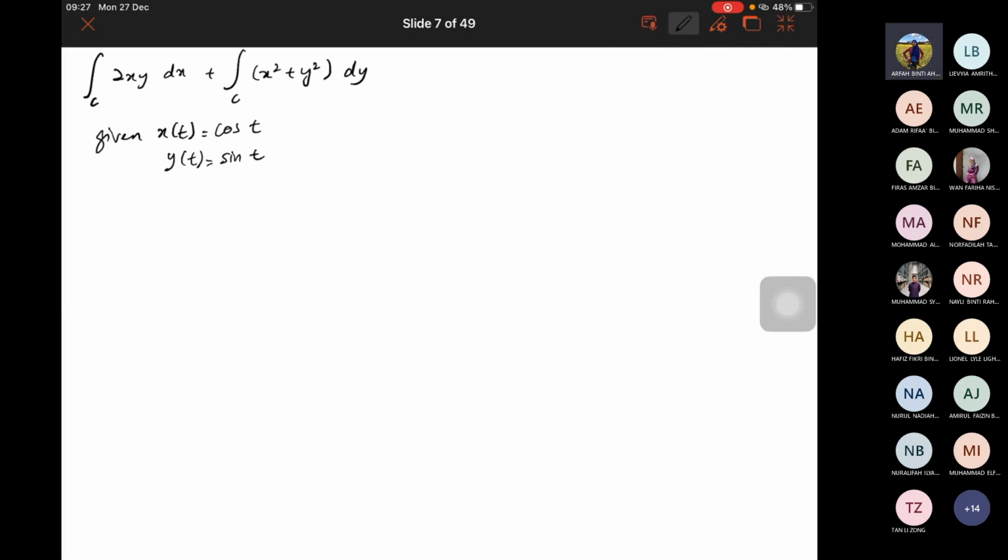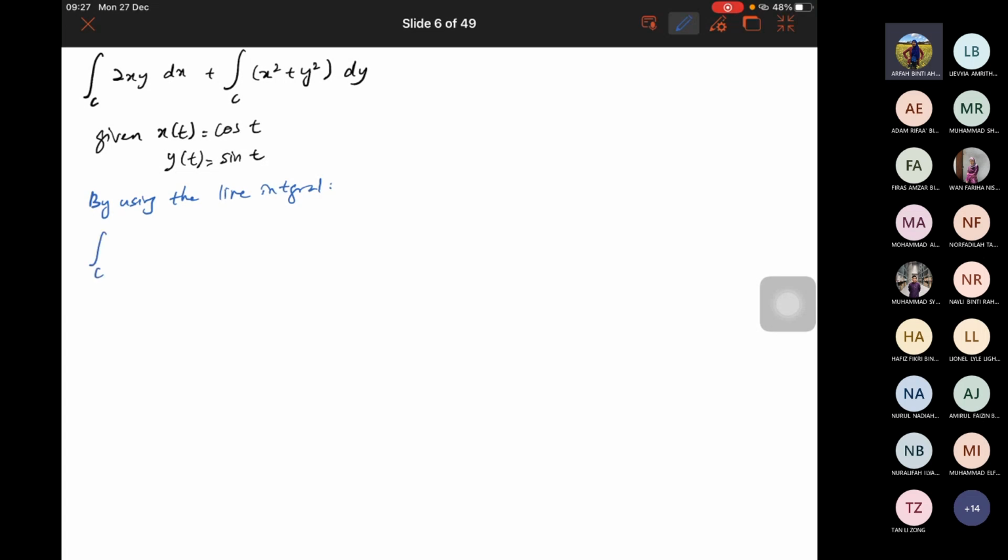Okay. So from here, we will like to find by using the line integral. By using the line integral.